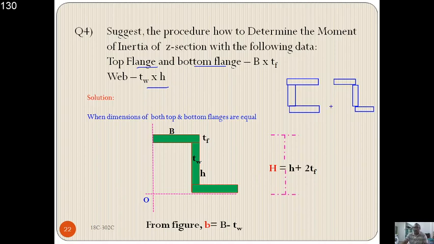If you have understood both the sections, if you draw an axis for both the sections, simply see the areas. Area here is equal to area here. Area at the bottom is equal to area here. Even though their orientation is different, the area about the axis is the same.